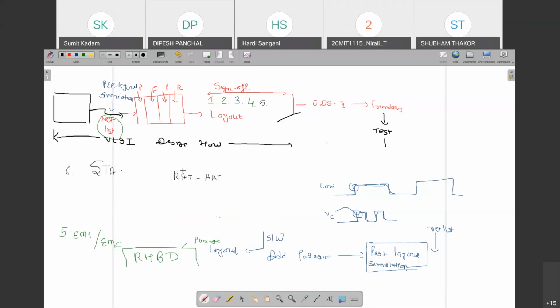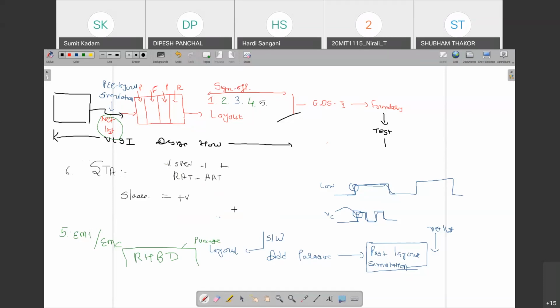Required arrival time is given in the specifications, and actual arrival time you can find out from your design from the simulations. If this difference is positive, this difference is called slack. These are the static timing analysis parameters.